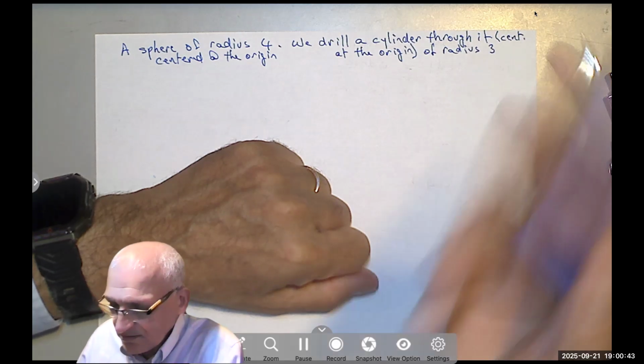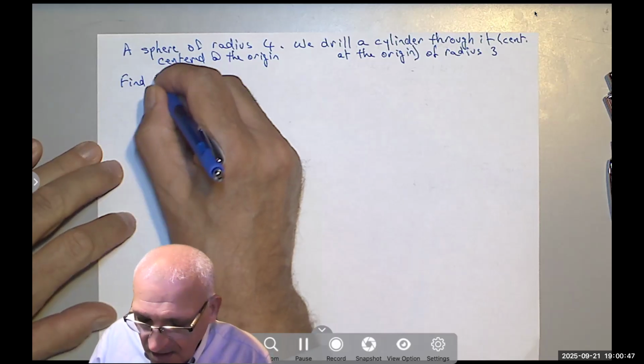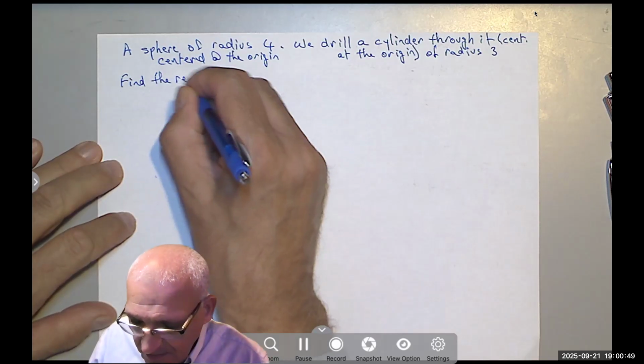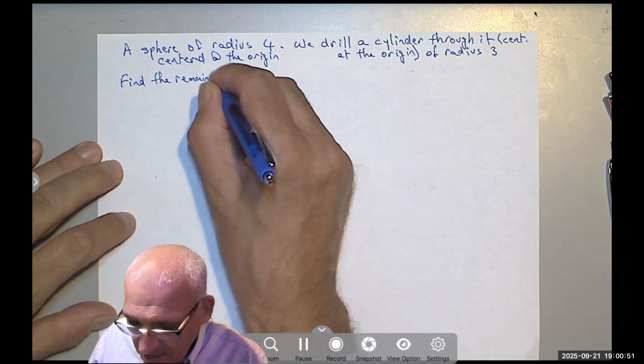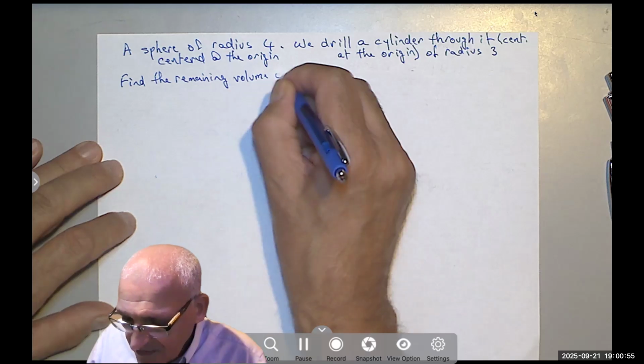Let's make it 3. It doesn't matter. Find the remaining volume of the sphere.